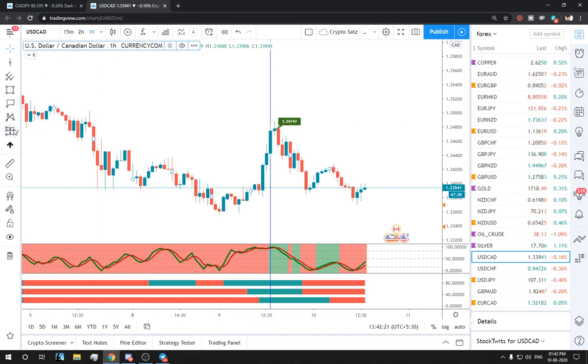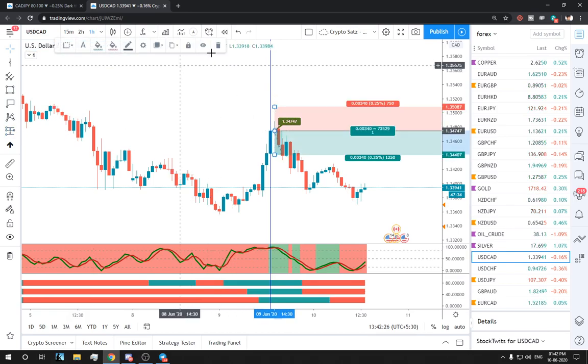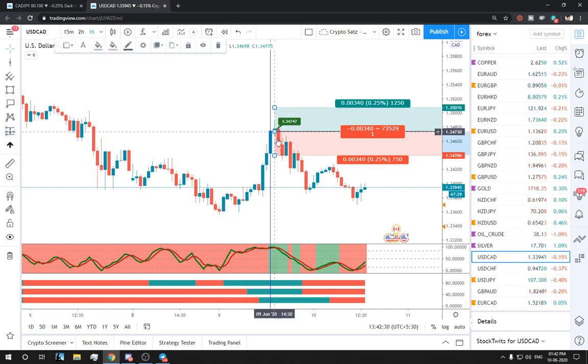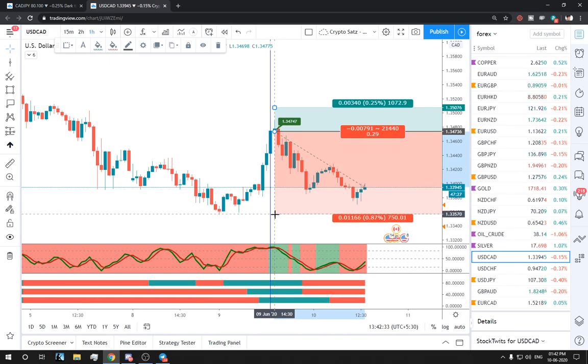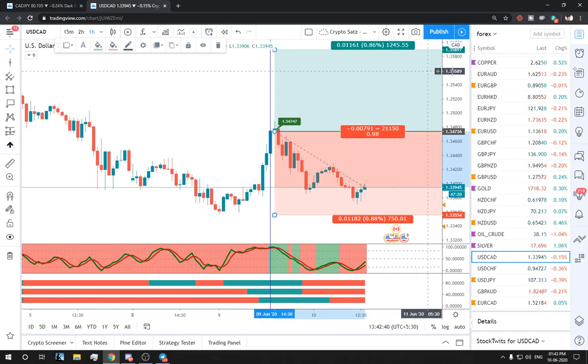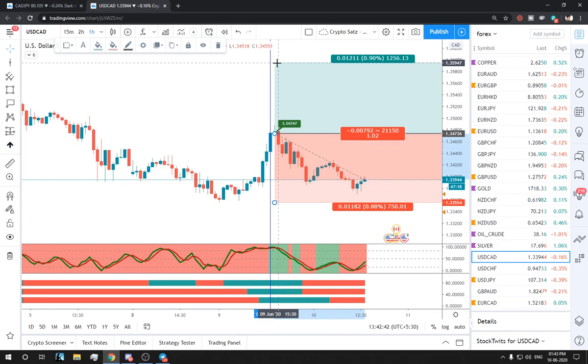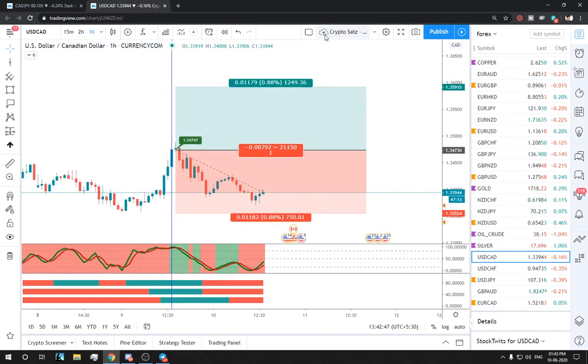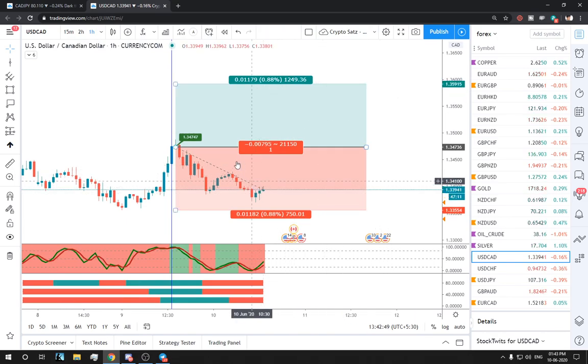So longing here, stop loss, previous structure is low, 0.88. So this is our targets for this trade, and let's wait for this to get completed. It's in a loss, but our stop is not hit yet, so let's wait for this trade to complete.